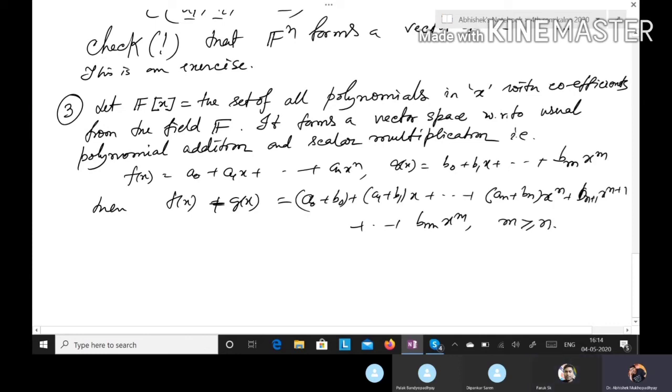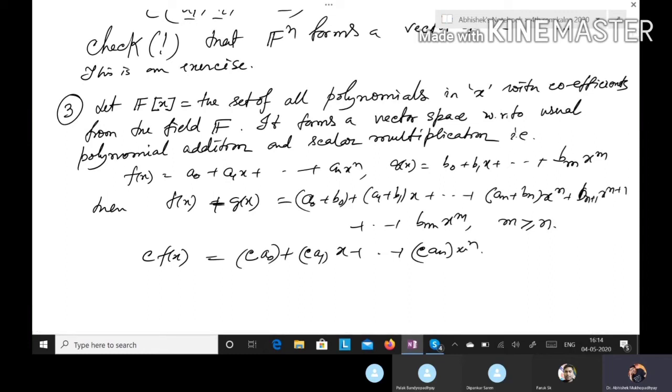So this is the usual polynomial addition, and if you consider any scalar c and multiply it with f(x), just multiply each coefficient with c. With respect to this addition and scalar multiplication, F[x] forms a vector space over the field F.